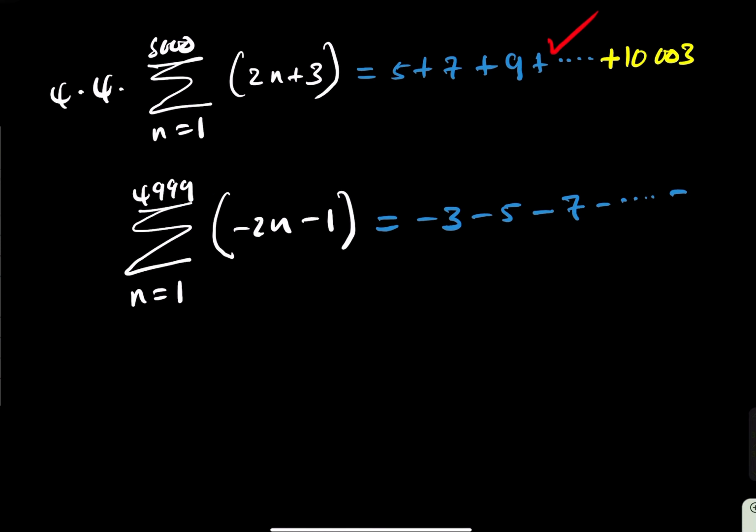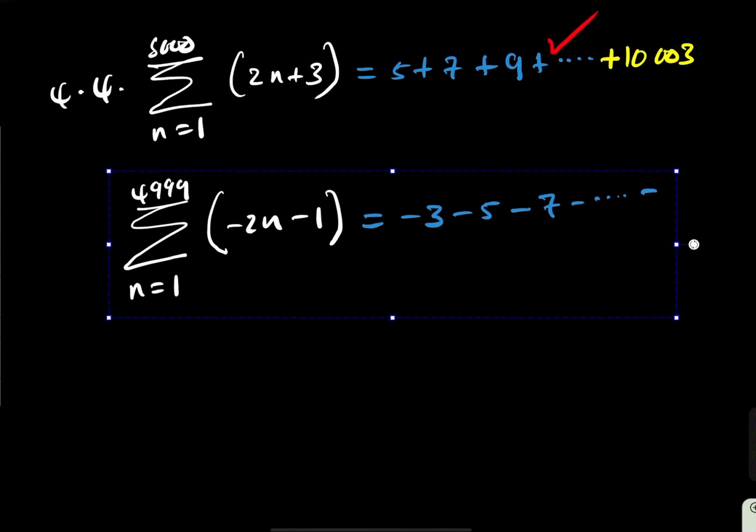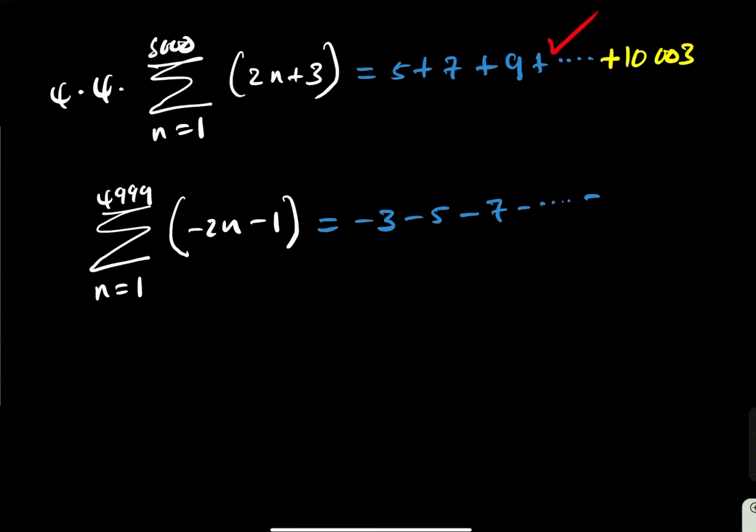Let me have my calculator. It's negative 2 times 4,999, and then minus 1. I'm getting negative 9,999 there. Let's put it here. I'm getting this value here, negative 9,999.